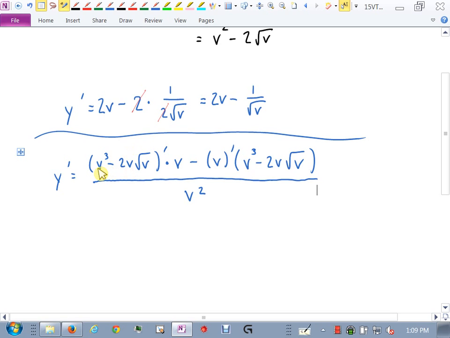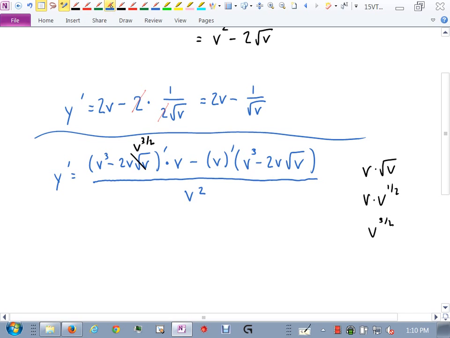The derivative of v cubed is 3v squared, right? And then this one, how would you take the derivative of this? You could do product rule here, but could you also put these two together? Like you could put v times square root of v is the same as v times v to the 1/2, adding the exponents v to the 3/2. That's what I would have done here, is just rewrite that as v to the 3/2, and then take the derivative of that. This is v to the 3/2.